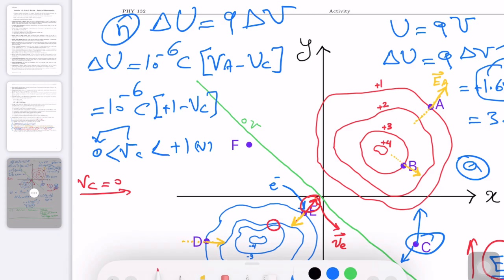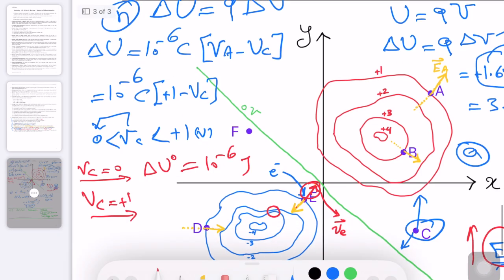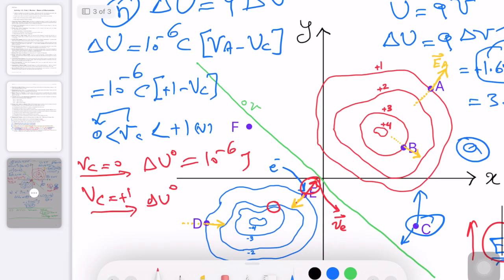If VC is 0, then delta U, which I'm going to denote with a 0 there, is going to be 10 to minus 6 joules. If VC is +1, which again it's not, delta U1 would be 0.